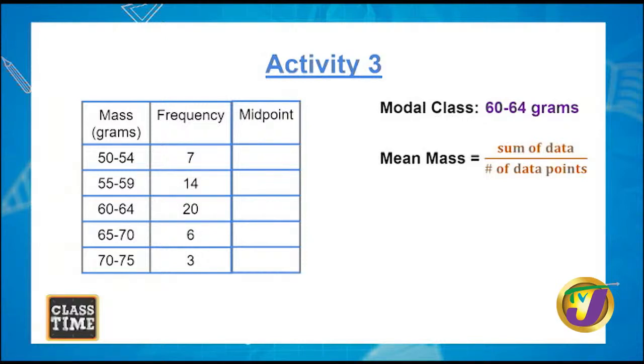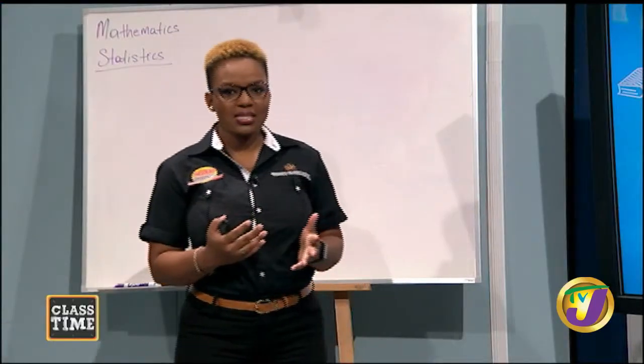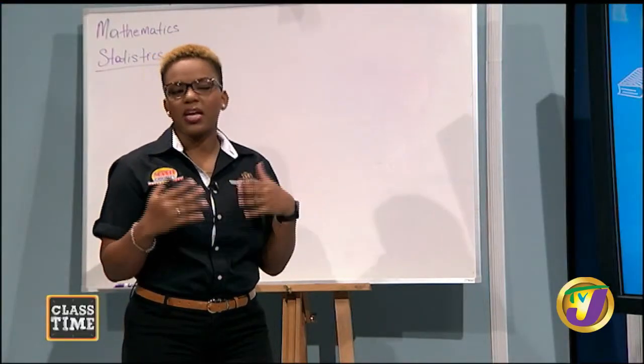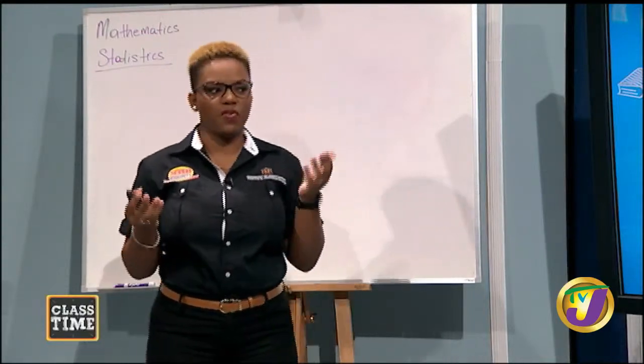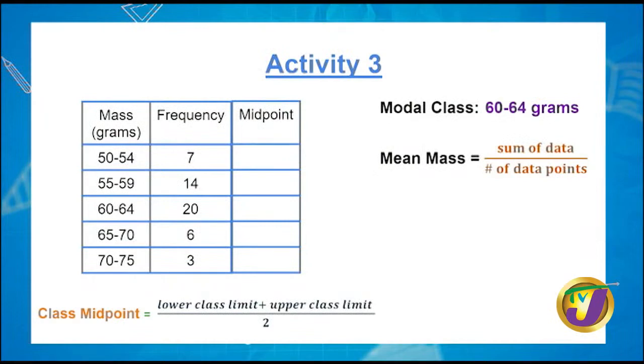We did speak about the midpoint last Friday. Just a reminder for those who weren't here: the class midpoint is found by summing the lower and upper class limits and dividing by 2. Or you can say it is the mean of the upper and lower class limit for each class interval.